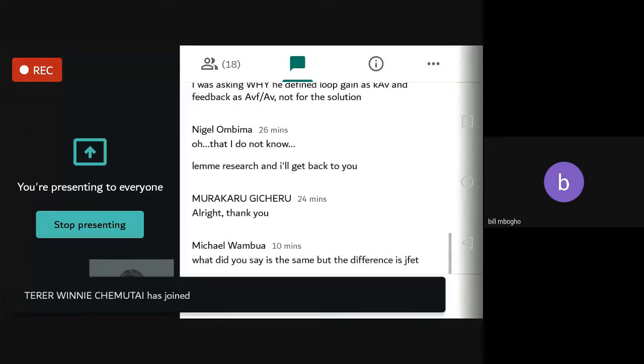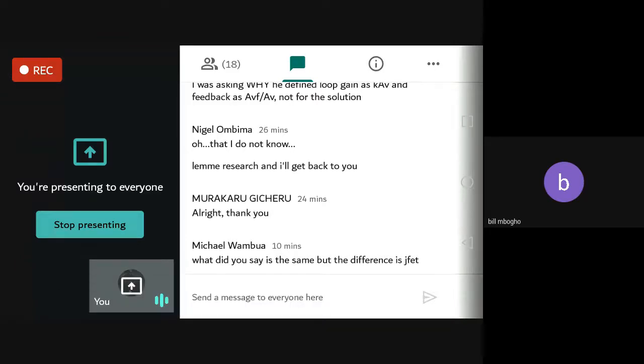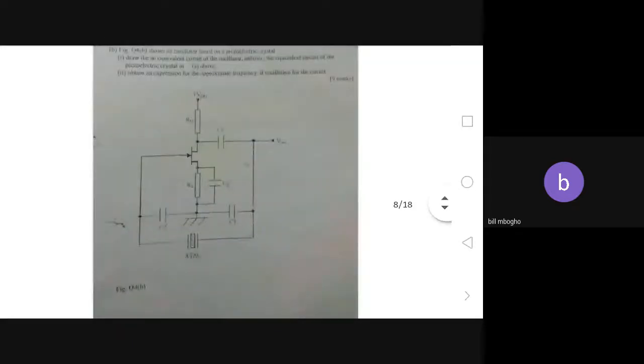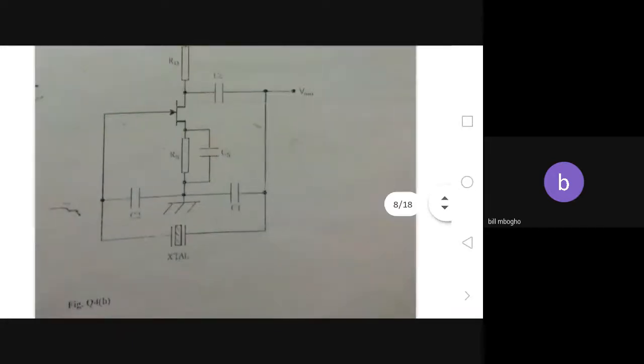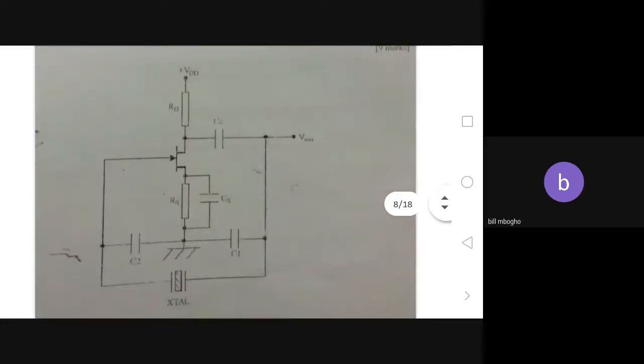Please, what you say is the same, but the difference is JFET? I think that part I was talking about, the circuit that's drawn here and what I had drawn before.